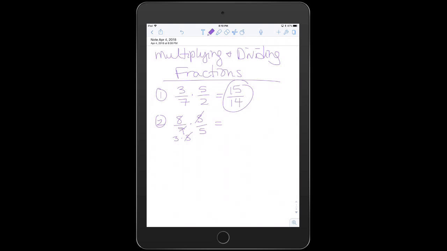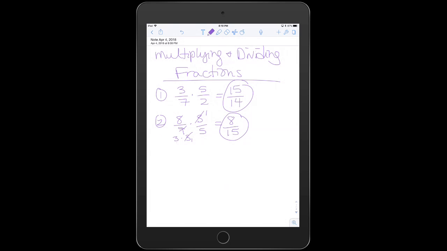So I can cancel those out and now multiply straight across. When I crossed out this 3, it actually became a 1, so 8 times 1 is 8. In the bottom I have 3 times, this actually became a 1 also. 3 times 1 times 5, which is 15. So my simplified answer is 8 over 15.